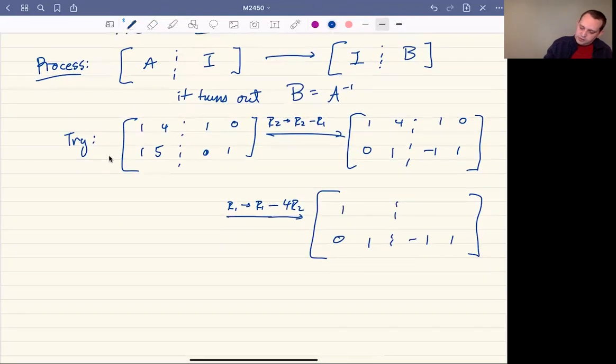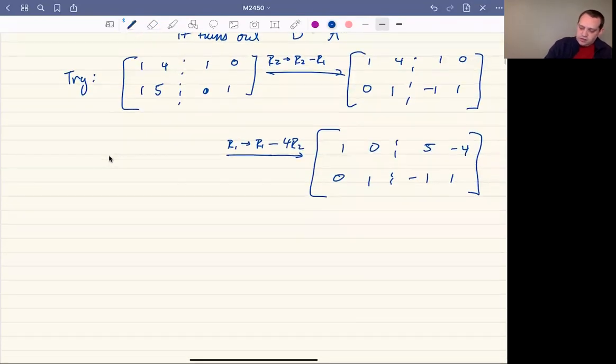The top row is going to be 1, 0. That was by design. That's why we picked -4. And then let's see, -4 times -1 is 4, plus 1 is 5. -4 times 1 is -4, plus 0 is -4. So we end up with A inverse being this matrix 5, -4, -1, 1.